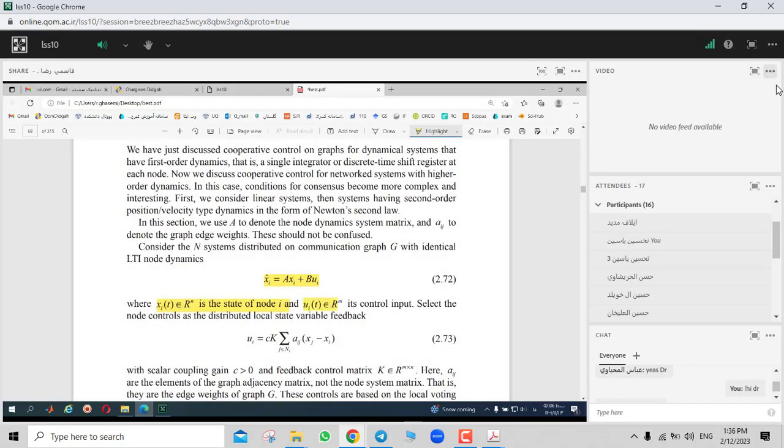For this purpose, please see the system like this: x dot equal to A xi plus B ui. Xi is the state of each agent or each node. Ui is the control input for each agent.